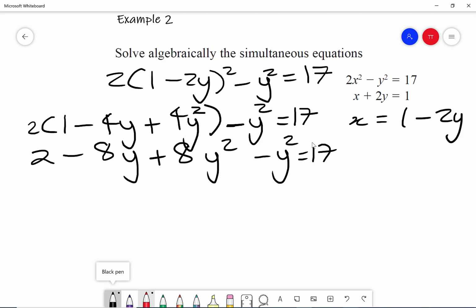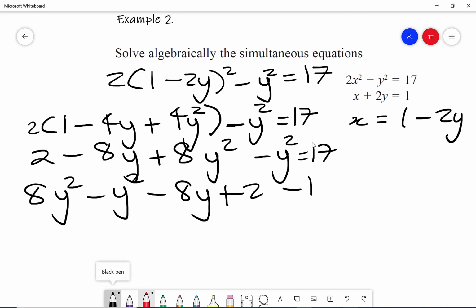So this will now give me, bringing everything on one side, 8y squared minus y squared minus 8y, then plus 2 minus 17 equals 0. What I've done here is collect the like terms.